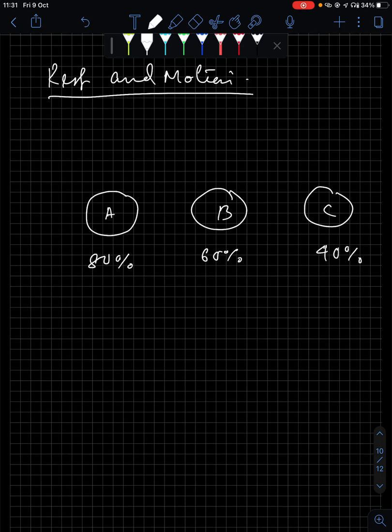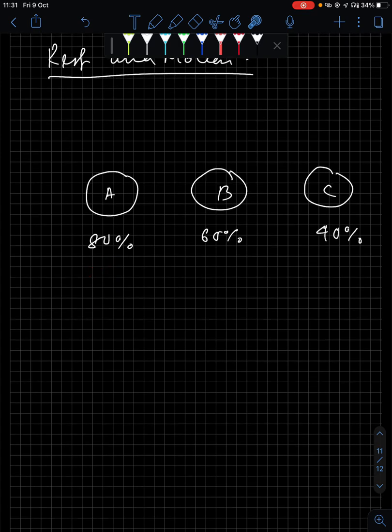Now you ask A whether B and C are good or bad in mathematics. What will be A's response? Obviously A will say that they are bad.